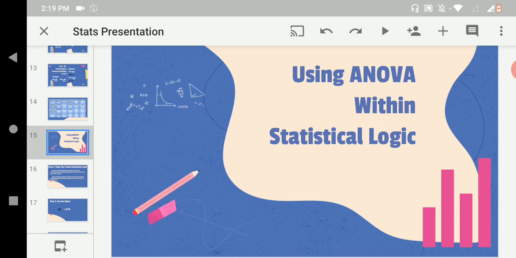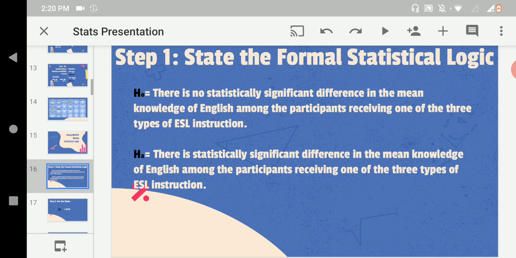As we all know from Turner's book, she followed 10 steps in statistical logic. The first one, of course, is to state the hypothesis. We have the null hypothesis, the H0, and the HA, the alternative hypothesis.